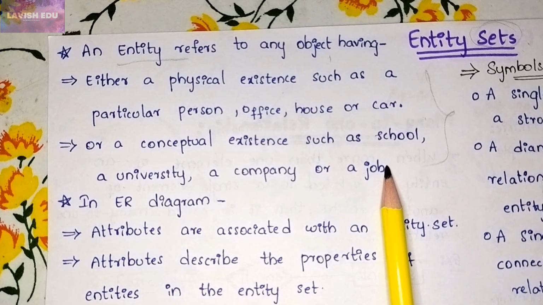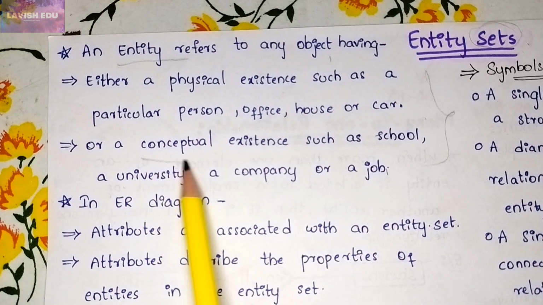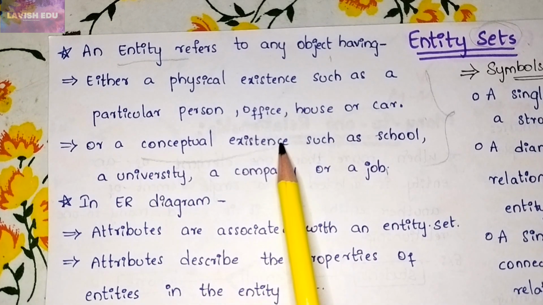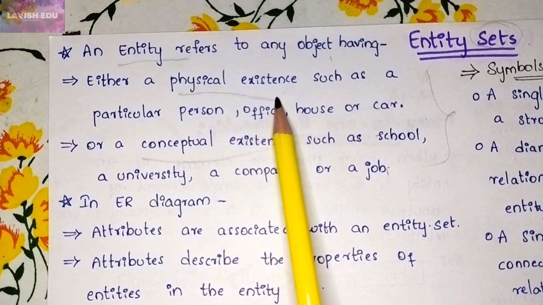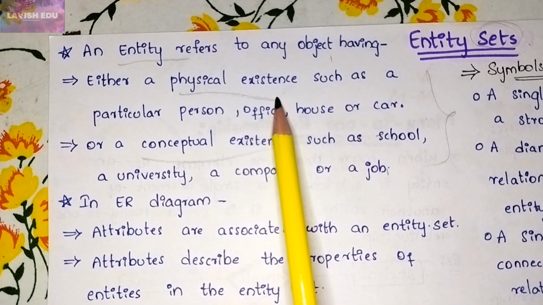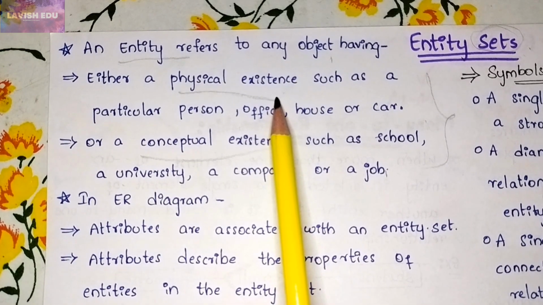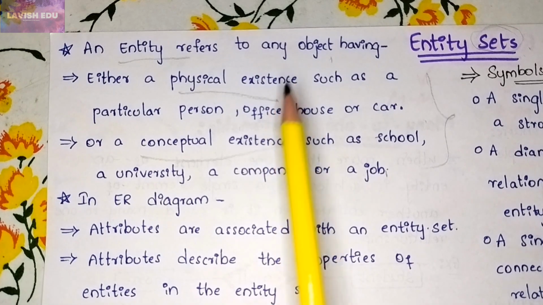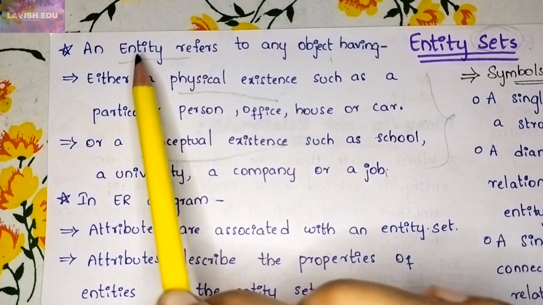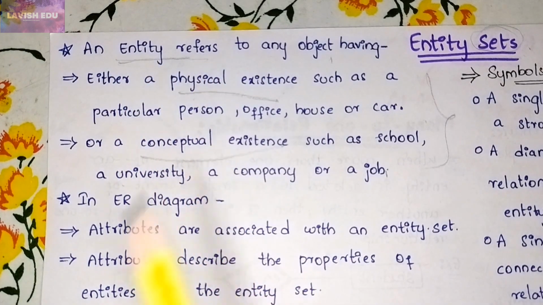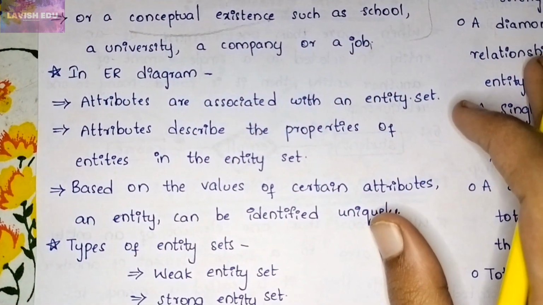Conceptual existence is based on logic, whereas physical existence is based on the infrastructure of the particular component. If a component satisfies either the physical or conceptual existence, then it can be termed an entity.